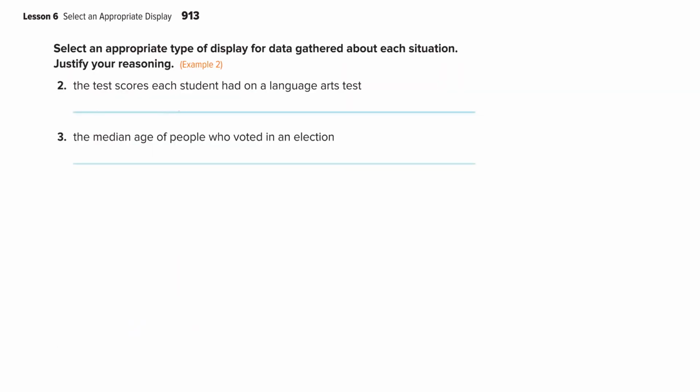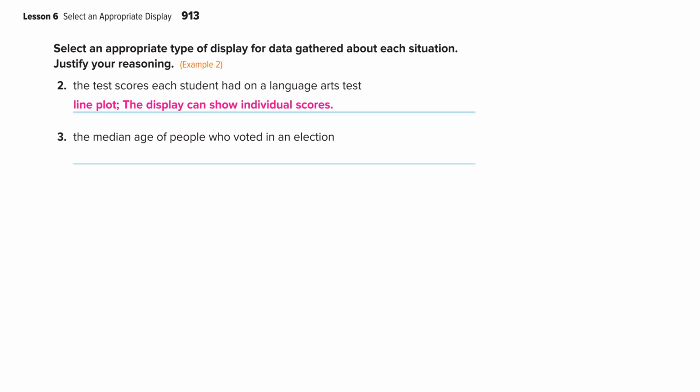Select an appropriate type of display for data gathered about each situation. Justify your reasoning. A line plot.